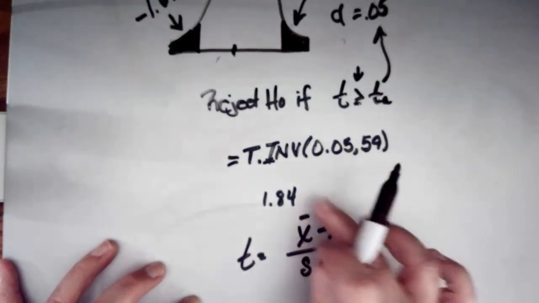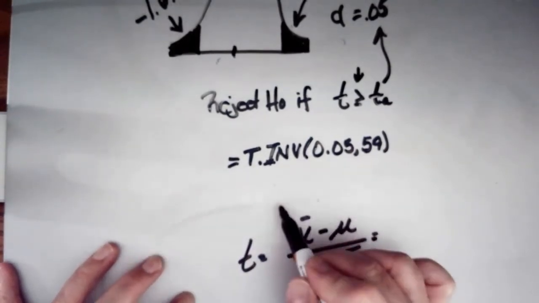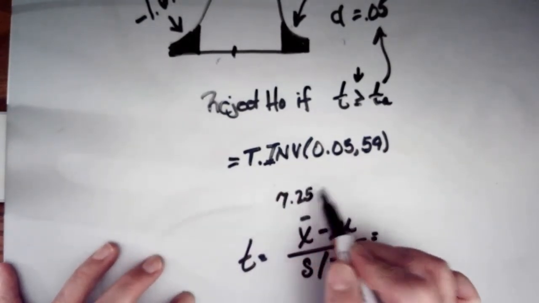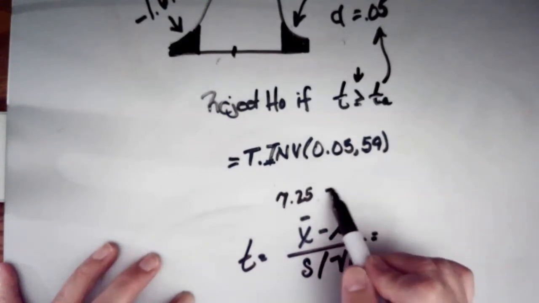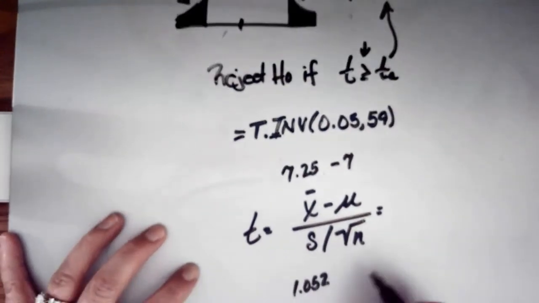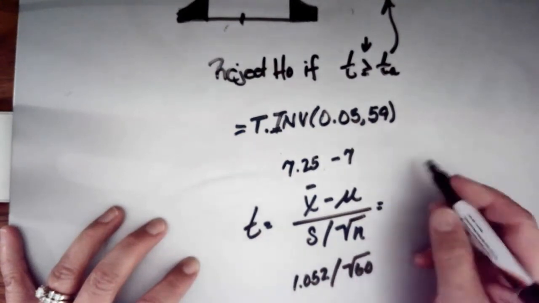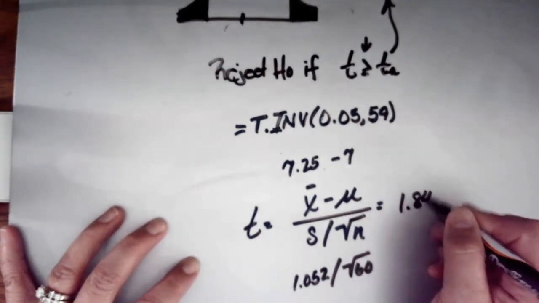In this case, we had 7.25 minus 7. Our sample standard deviation was 1.052. We took that divided by the square root of 60, and we ended up with 1.84.